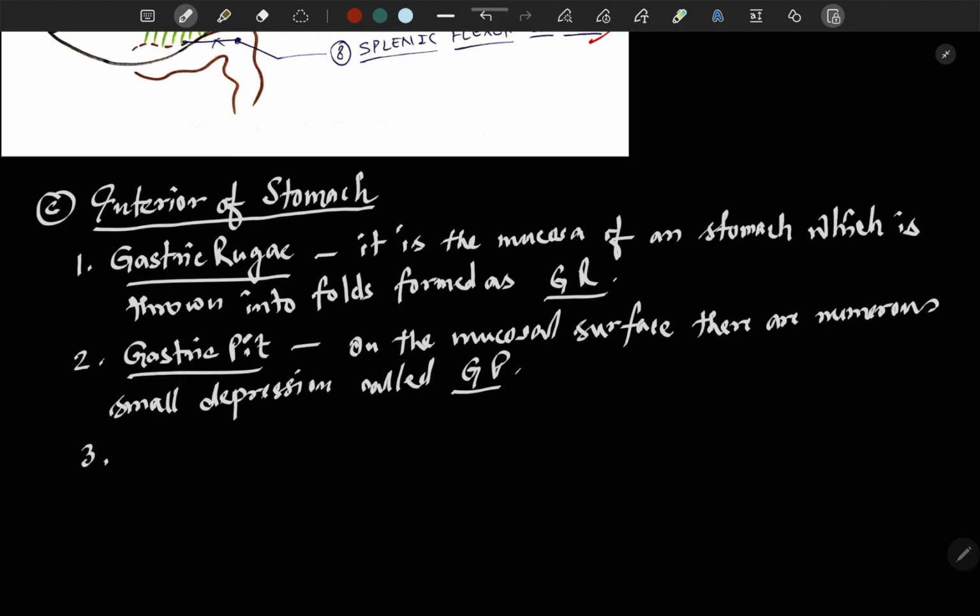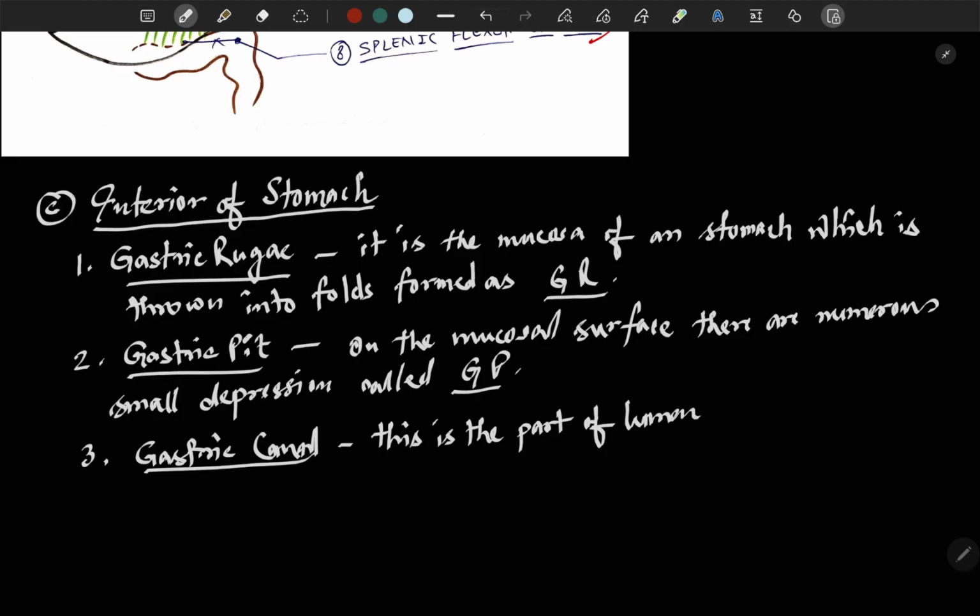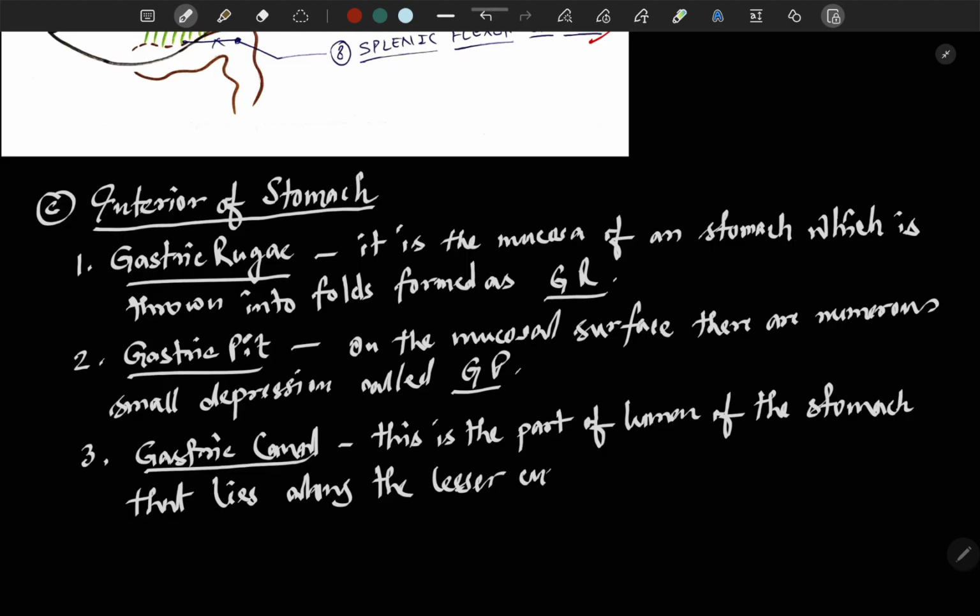Number 3, gastric canal. This is the part of the lumen of the stomach that lies along the lesser curvature.